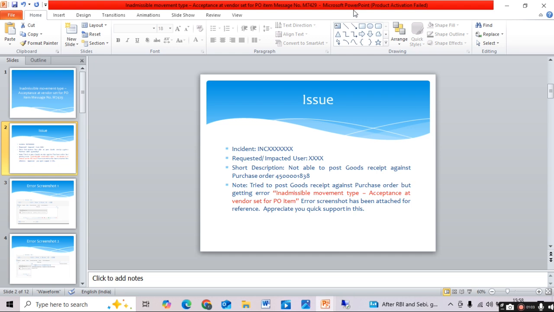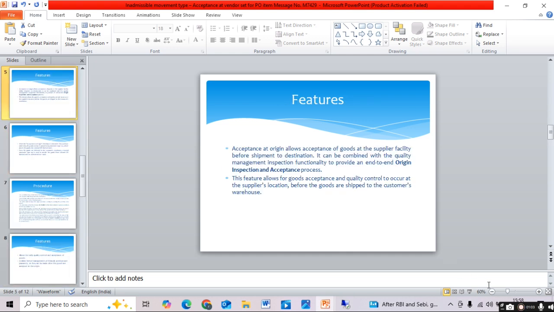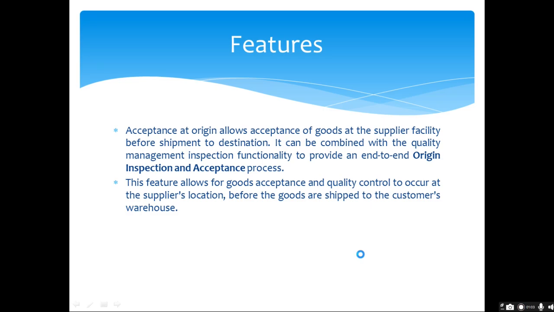So for this we'll go back to our presentation. Yeah, so the purpose of this origin acceptance, if you see on screen, is that the system allows us to accept goods at the supplier facility.